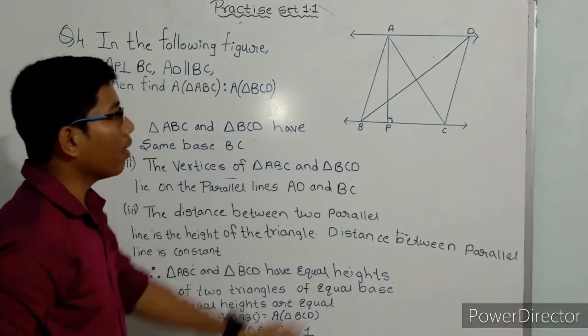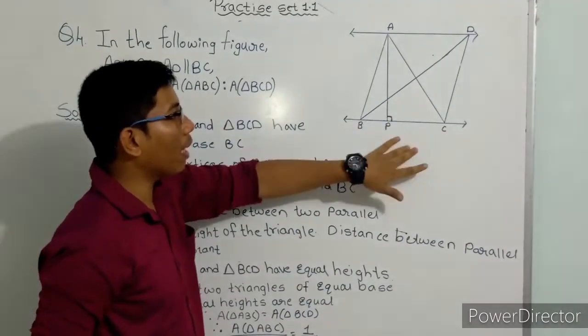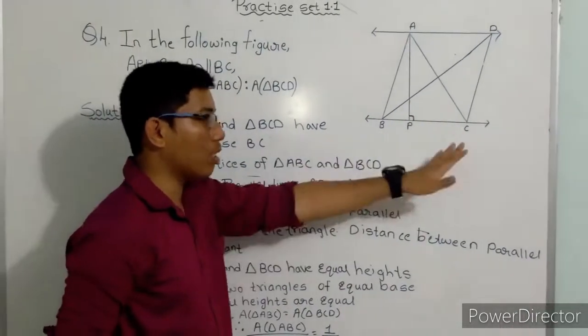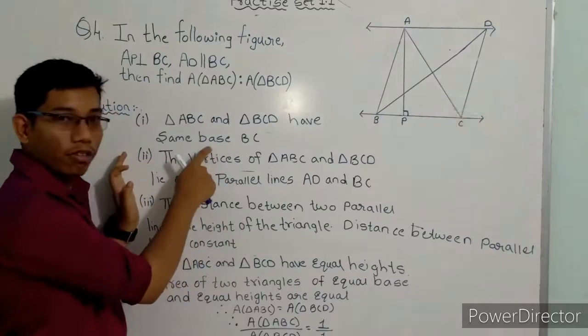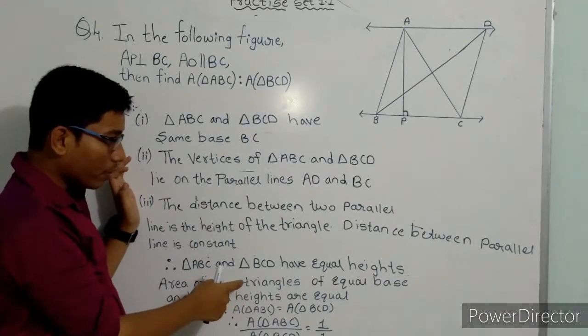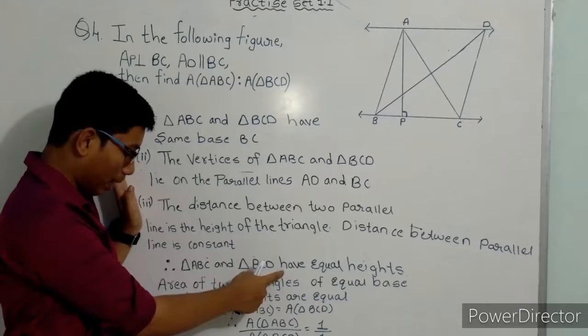So we have cleared that these are the two triangles, this is the height for both the triangles, and this is the common base. First we have seen that both triangles have the same base, and next we have seen that both triangles have equal height.